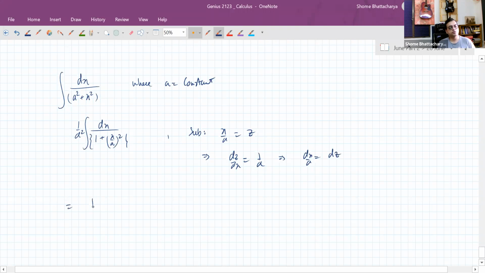So this further becomes 1 by A. So that becomes 1 by A tan inverse Z plus C, or it becomes 1 by A tan inverse X by A plus C.